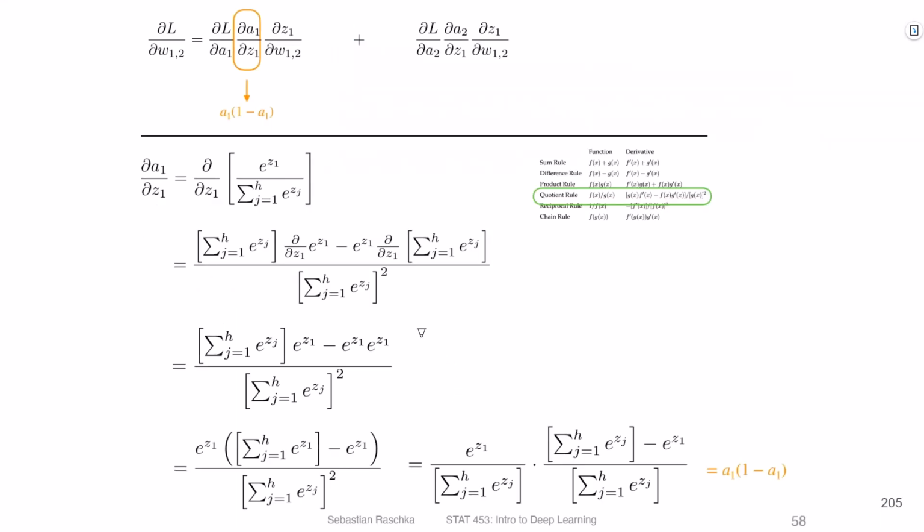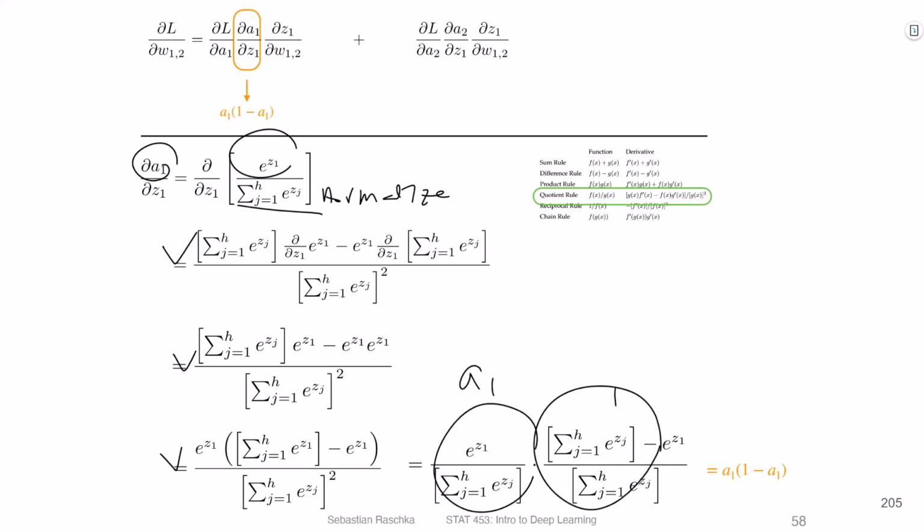The second part is somewhat tricky. However, we already know how to take the derivative of this. To calculate A1, we need to normalize the values, and only Z1 goes to the numerator. When we expand this part and refactorize the equation, we know that this one is A1, and this one is 1 minus A1.